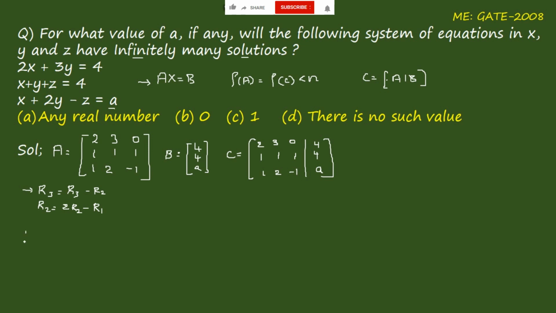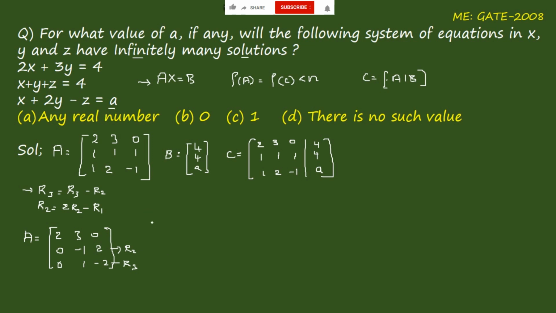When you do it, then A is the matrix 2, 3, 0, and this one becomes 0. This becomes minus 1, this is 2, and this is 0, this is 1, and this is minus 2, right? You can see that row 2 is equal to row 3, both are same. So when you subtract, it becomes 0.